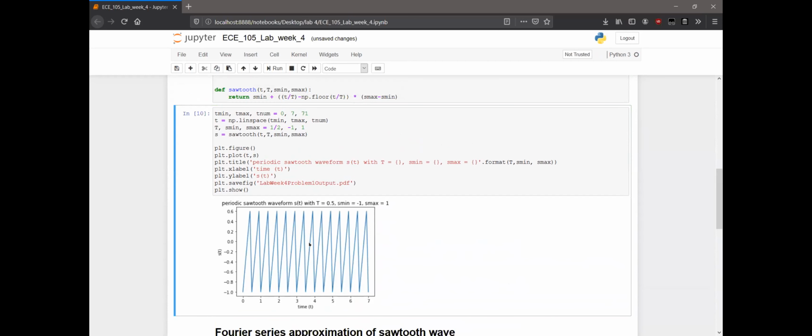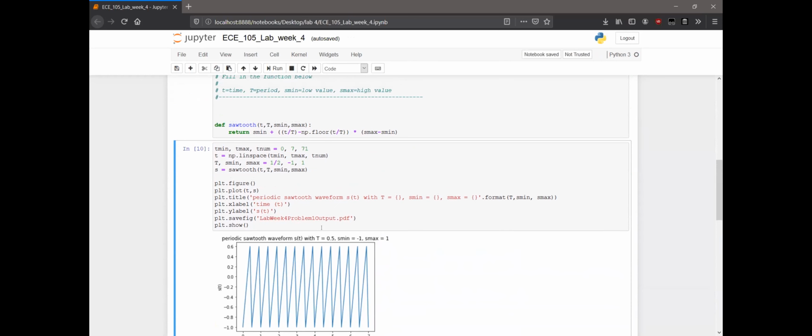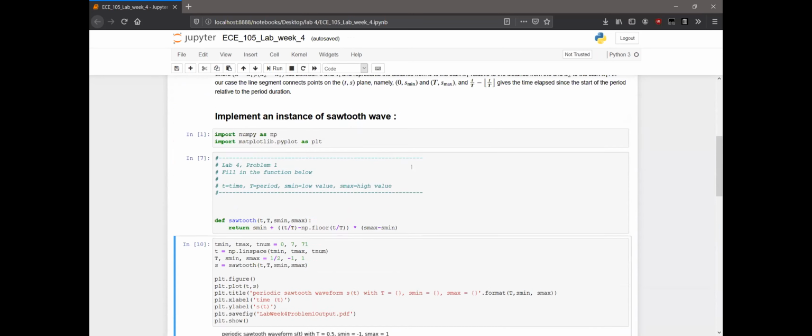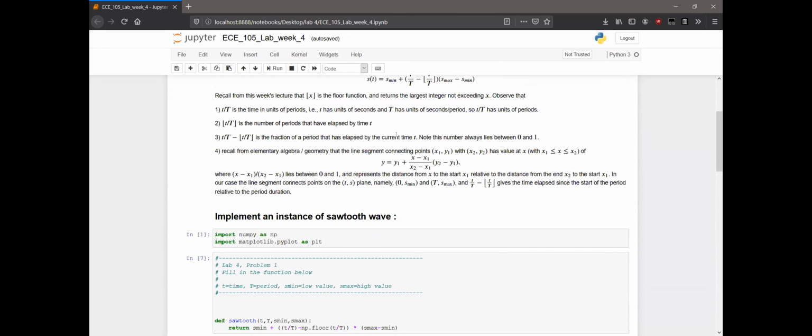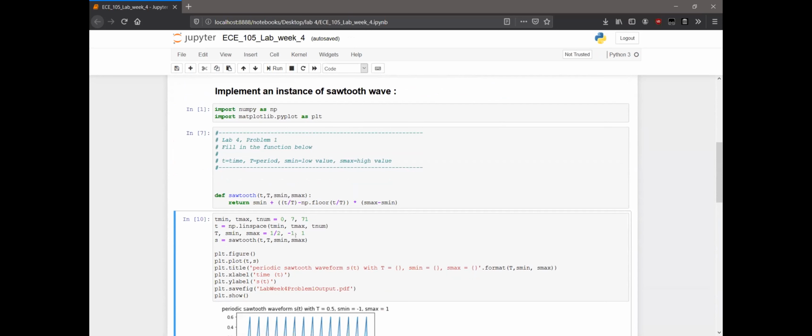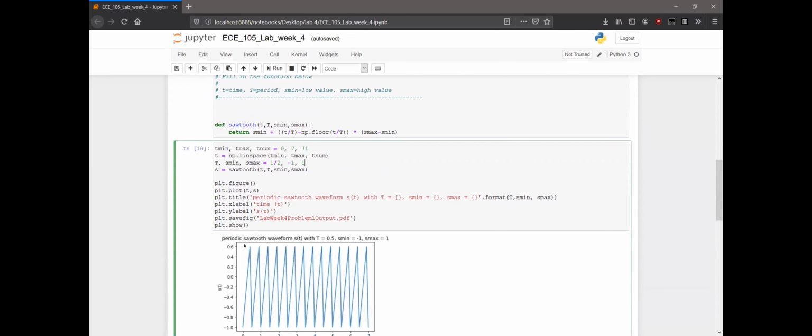Smin plus t over t minus np floor, right? So S max minus Smin. Okay, so we're taking in, but your S max is 1, right? If I can see correctly. Yeah. So it's going up, okay, it's going up all the way to 0.6.